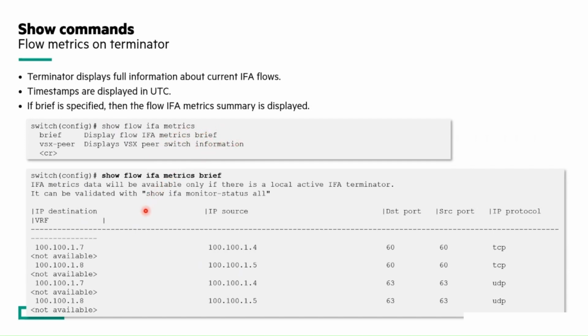When you use that brief subcommand, you will be able to see what IP destination and source the flows are moving to, the destination and source ports, plus the IP protocol. Probably only the 5-tuple details of all the flows that are coming to your switch via IFA.